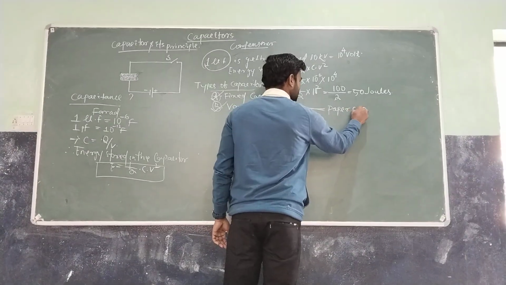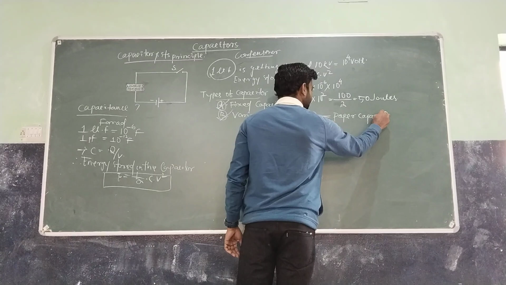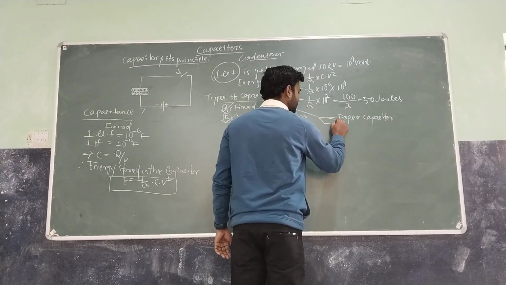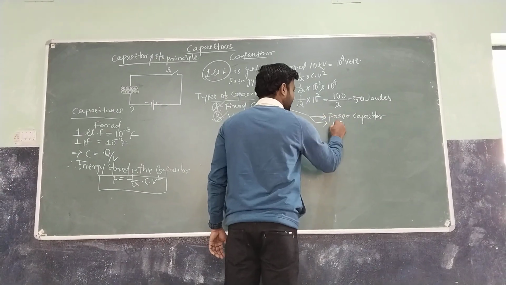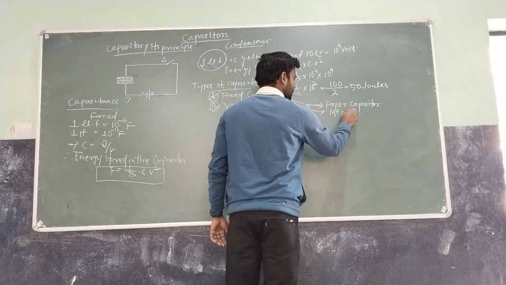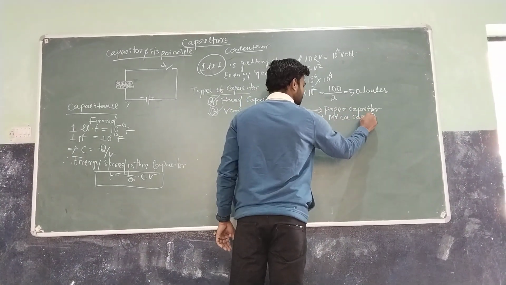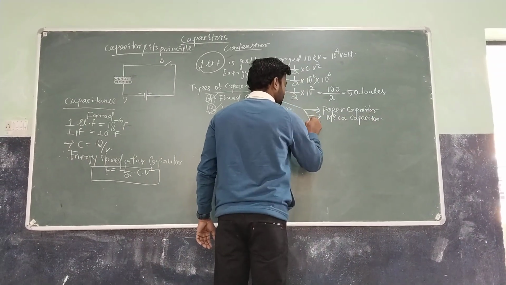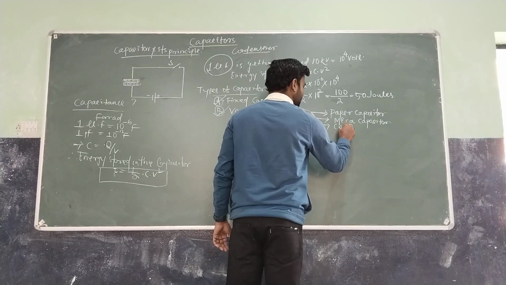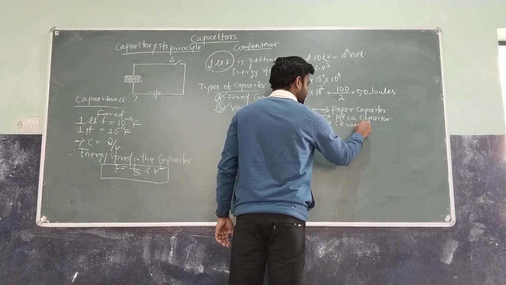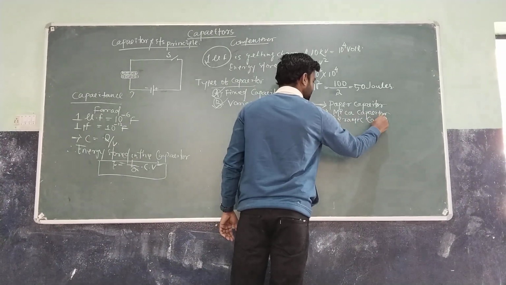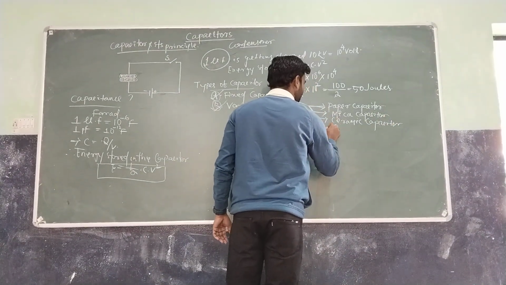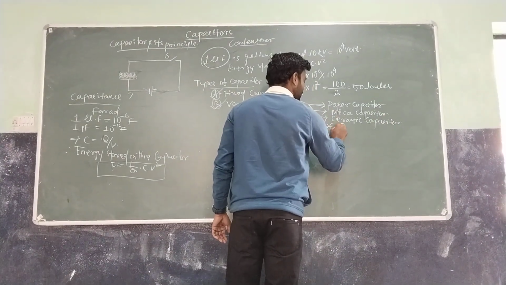Paper capacitor. Second one is mica. Third one, ceramic. Fourth one is electrolytic.